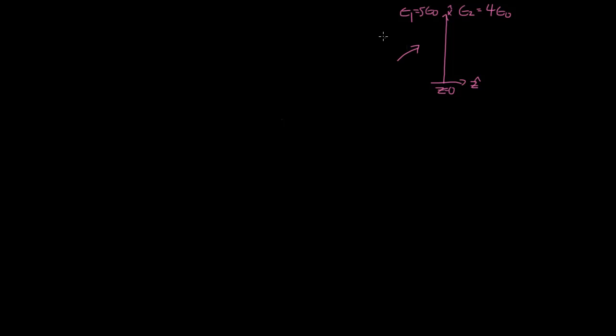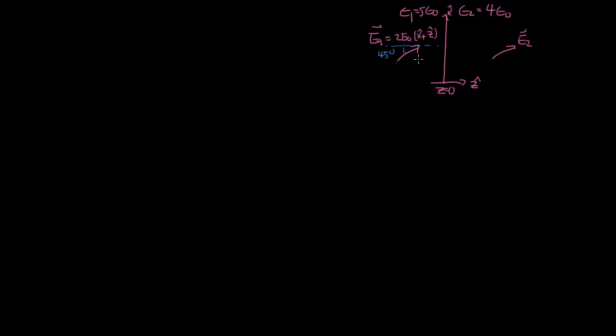So E1 is going to be 2 E naught of x hat plus z hat. So if you were to look at the direction from the normal vector, what's the angle here? Yep, 45 degrees, right? And the question that you're given is, well, what is it on the other side? So over on the other side, you're going to have an E2, and you want to know what that is.